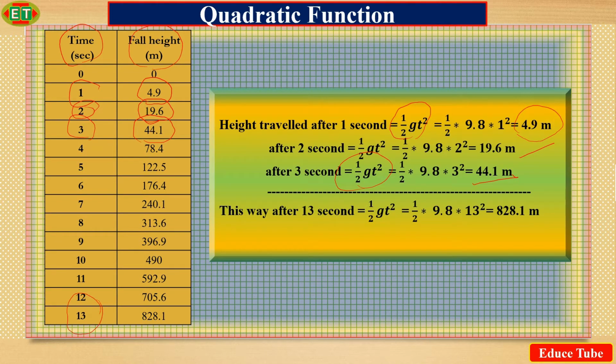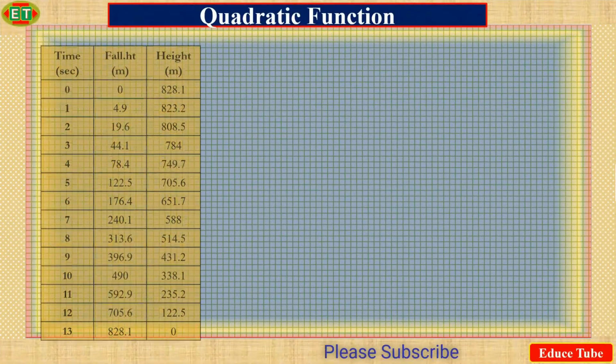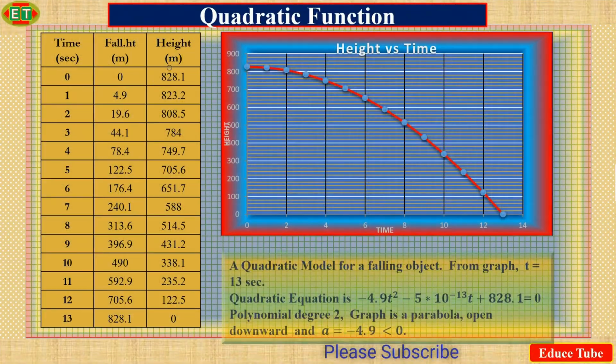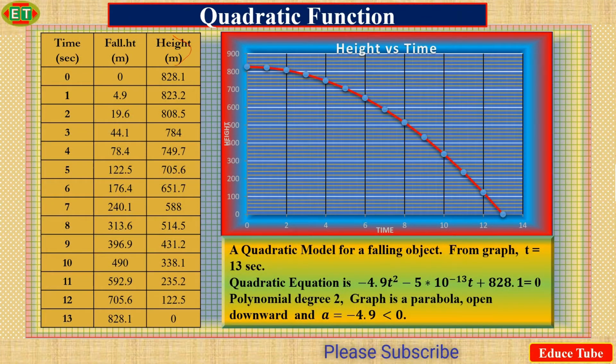After 13 seconds, it is 828.1 meter. So, using this formula, after 13 seconds, we get this 828.1 meter. Now, using this falling height, we can find the height above the ground in every second.